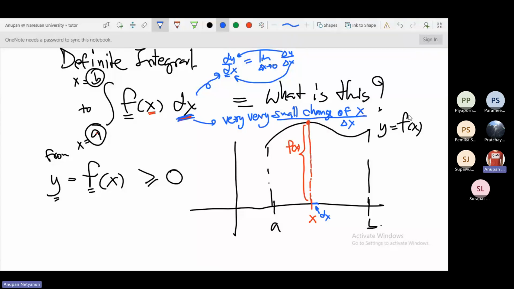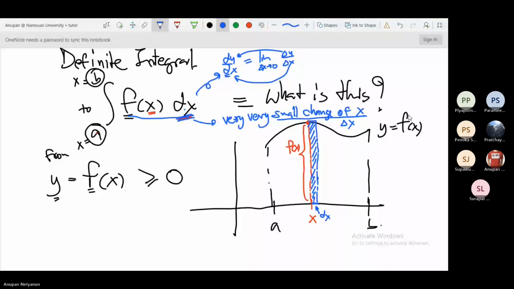Then I have this side and this side, so I can form the rectangle. You can see that the product of f(x) multiplied by dx is the area of this rectangle here. So for any x, when I multiply these together, I get a rectangle under the function.